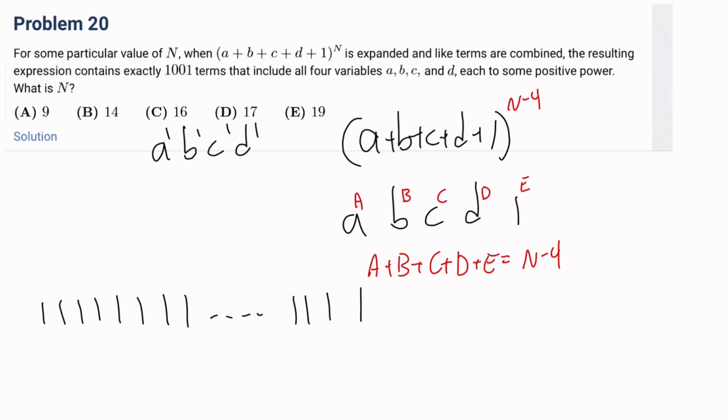Now what we need to do is put lines between some of these ones to divide which ones will serve as the boundaries between A and B, B and C, C and D, and D and E, right? So we need to put four of these boundary lines. And so we have n minus 4 ones, and we need to add 4 of these boundary lines, right?